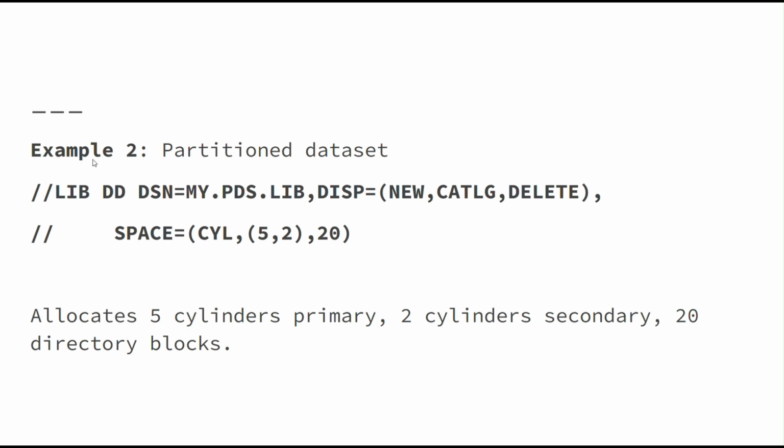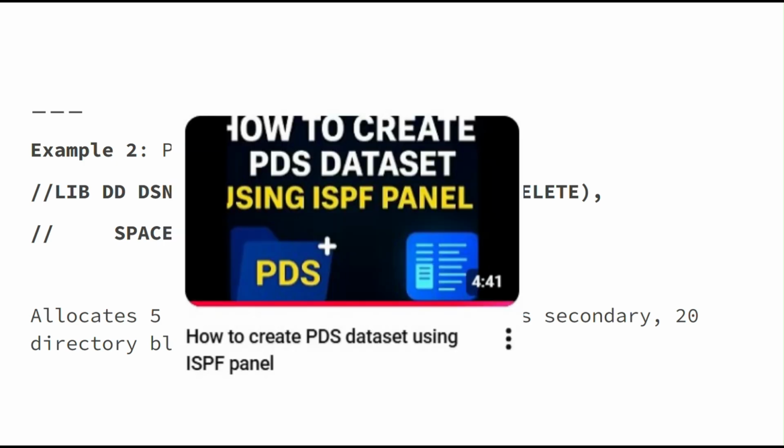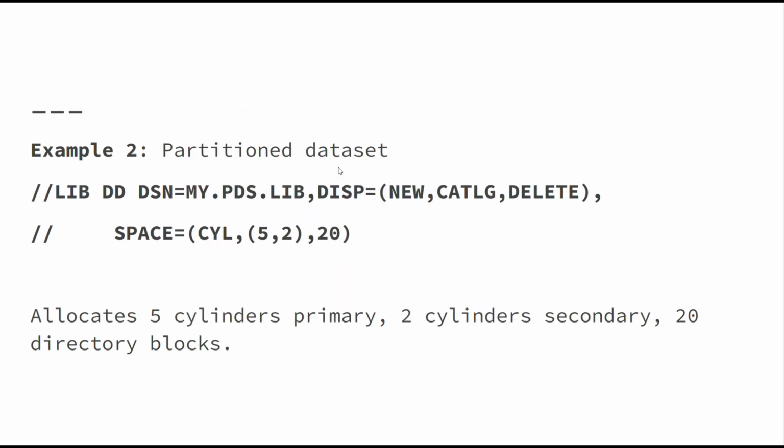Now example 2, partitioned dataset, which means PDS. If you want to know how to create a PDS using the ISPF panel, you can check out this video. Now see, for using JCL, we need to provide the information in the space, like space equals CYL, comma 5, comma 2, comma 20.